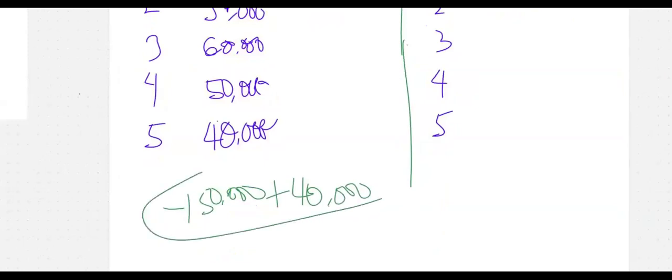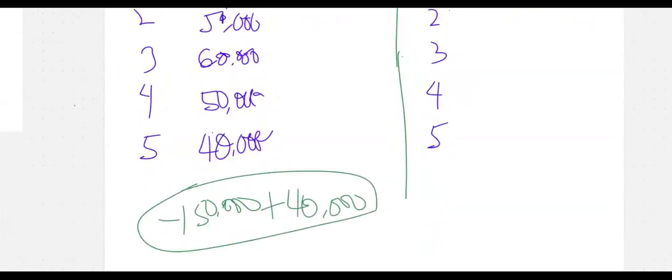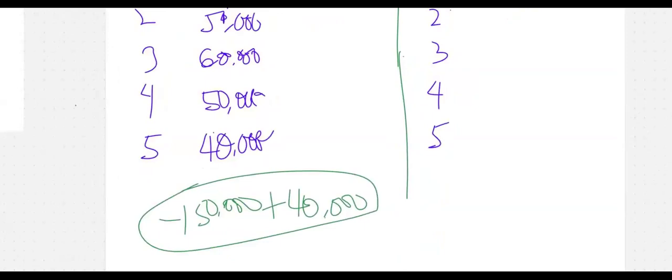Just compute like this on your calculator and tell me what it is. What's the figure? Negative what? 110,000. So what? Negative 110.